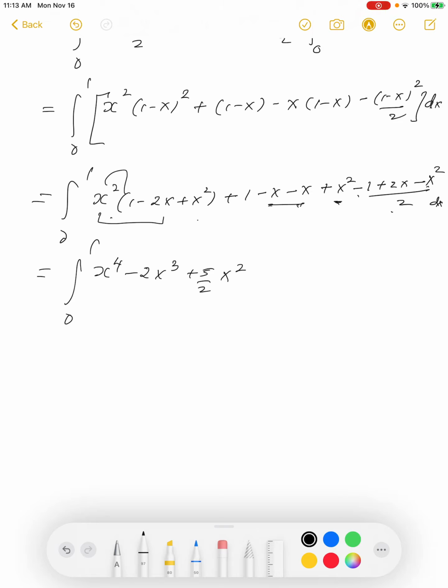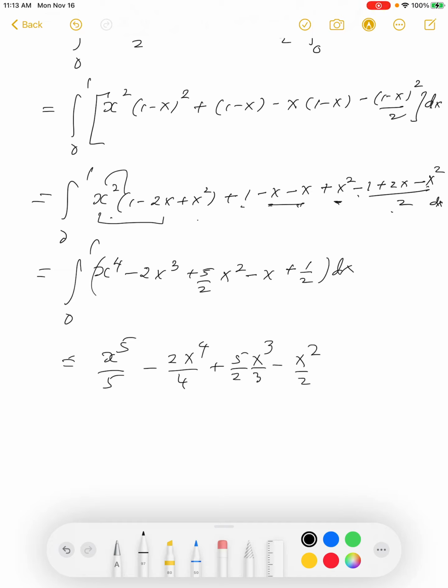Minus 2x here, and then plus one more x, so you will get minus x, and the constants, which is plus 1 here and minus half there, which will be plus half. So this is going to be x to the 5 by 5 minus 2x to the 4 by 4 plus 5 by 2 x cube by 3 minus x square by 2 plus x by 2.